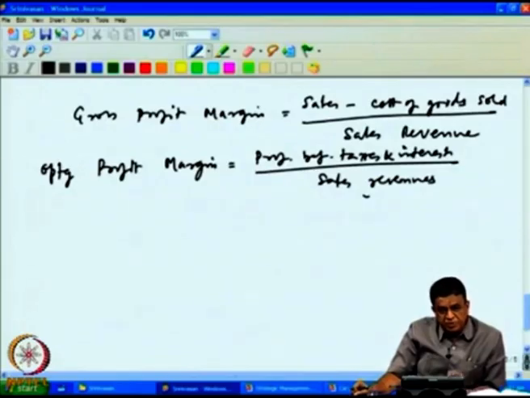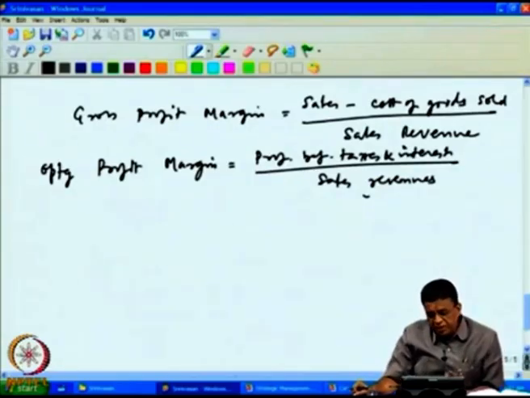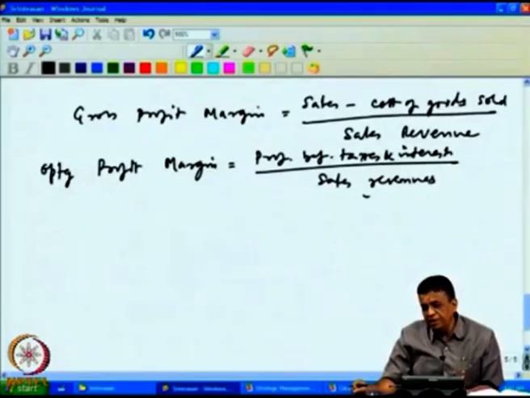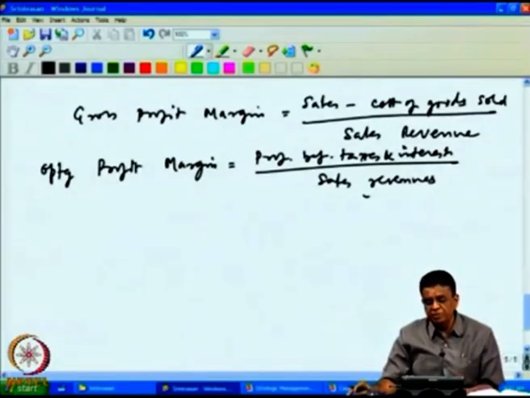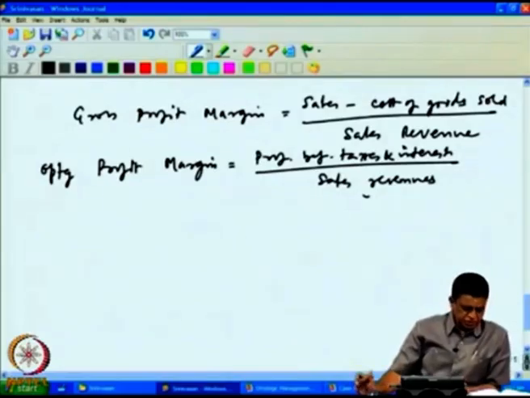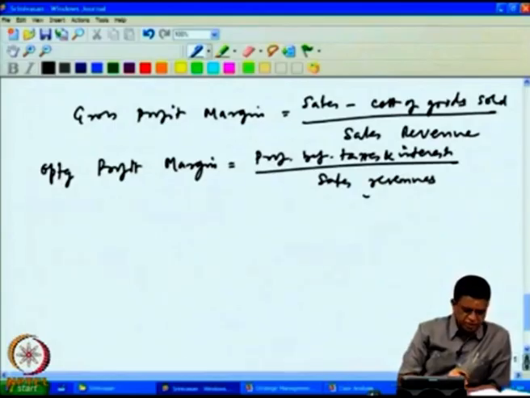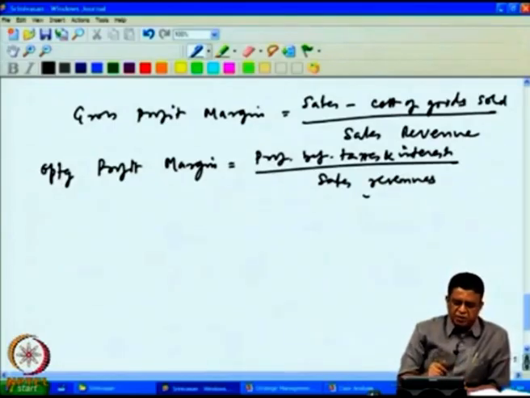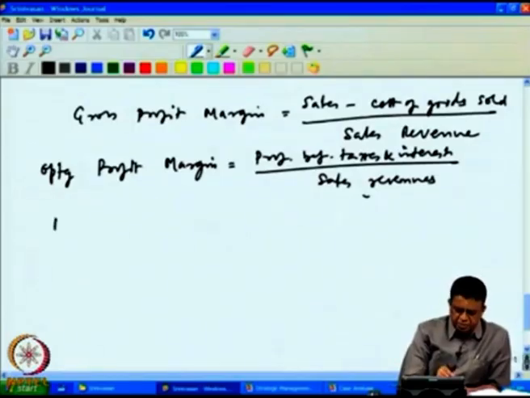So, the company has not yet paid taxes, kindly note, which is due to the government and maybe other bodies also. So, this is before that. Then when you take it after taxes, you get the net profit margin.